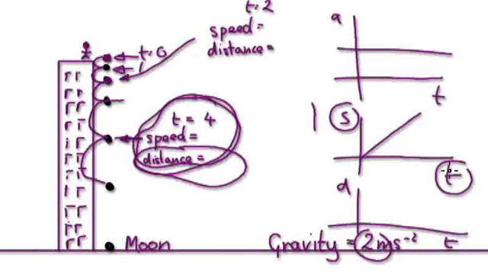Use the speed time graph in order to work out the distance. So let's say this time is at 4 here. Okay. So what would be this height here? Well, if you have an acceleration of 2, then this graph would be y equals 2t, or s equals 2t.